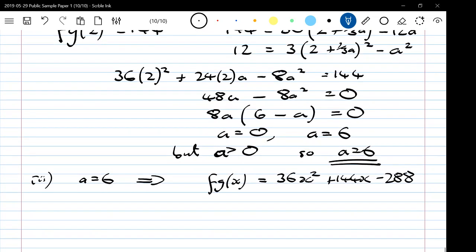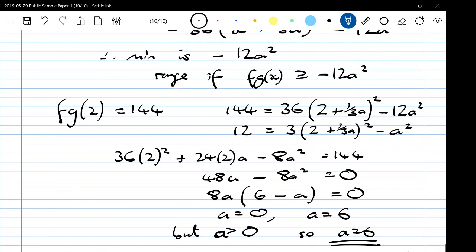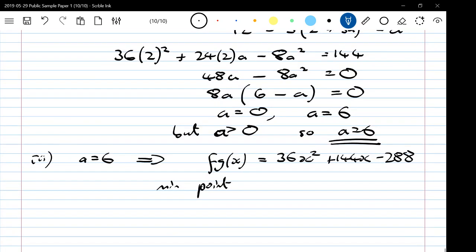Now actually what we also knew about this was that the minimum point was when x was minus a third of a. So when x was minus a third of 6, so minus 2.